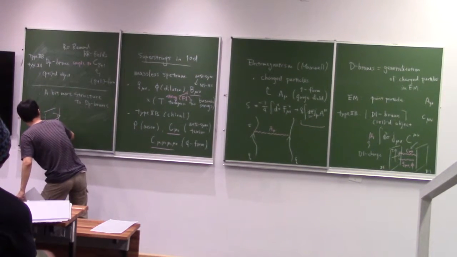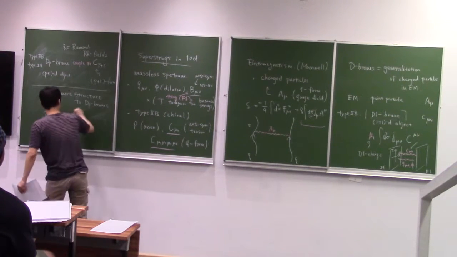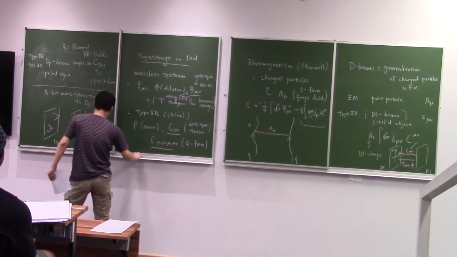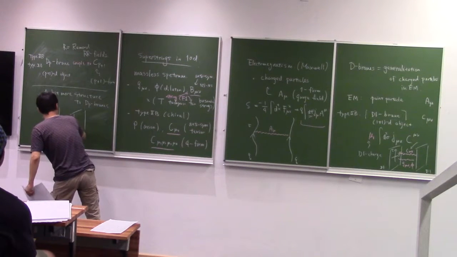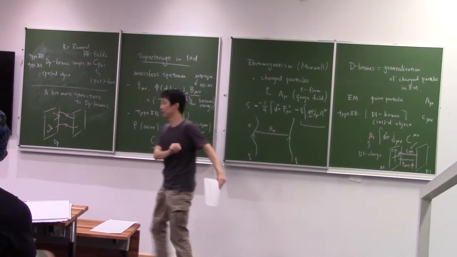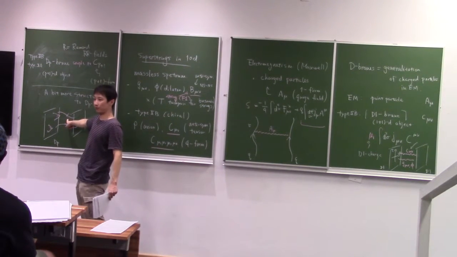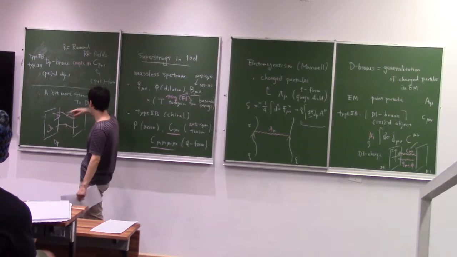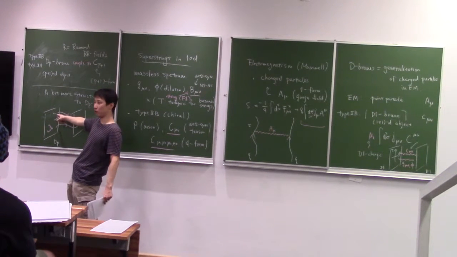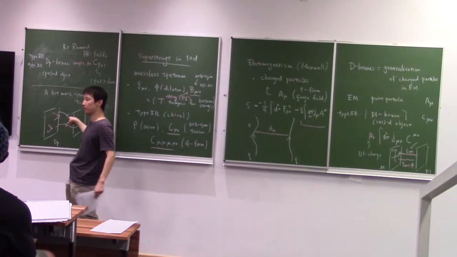So you have open strings like this, and if you have more branes, then there are open strings connecting them. Yes? So this adds some more structure. Apparently you have more degrees of freedom because of this open string ending on it. And what do you have?